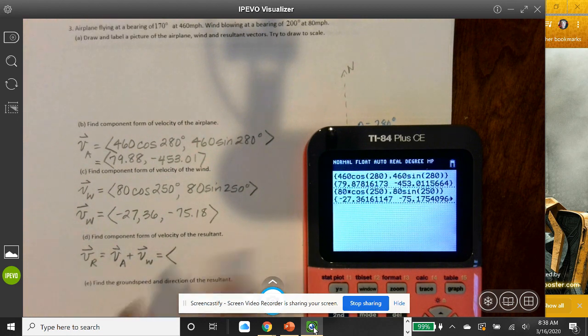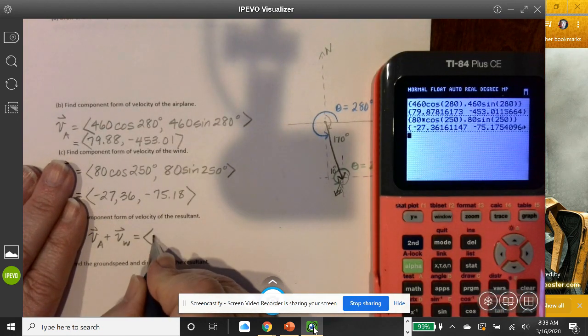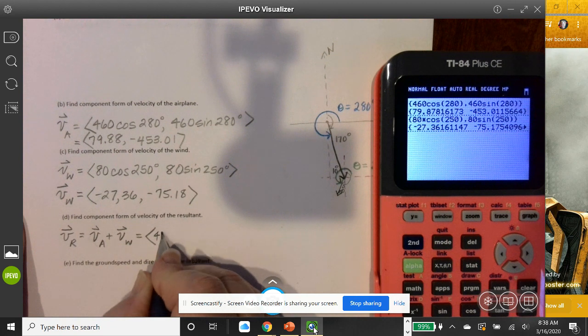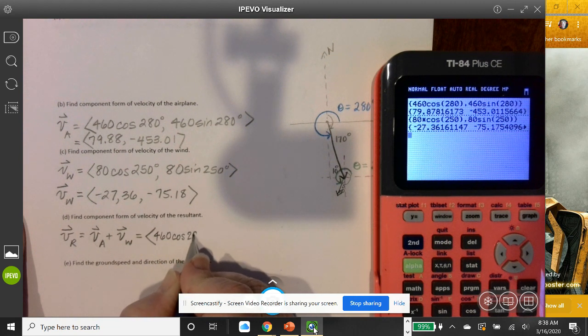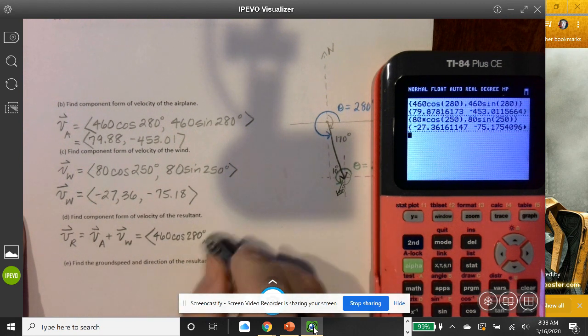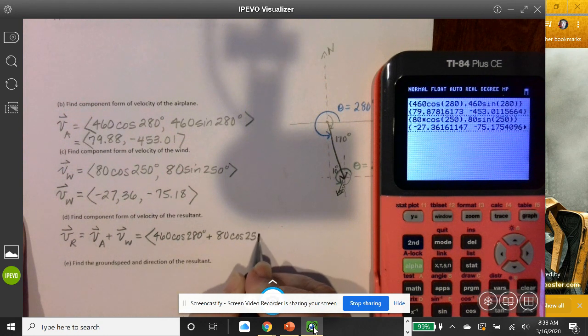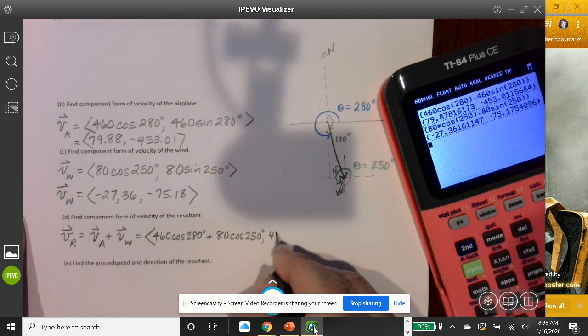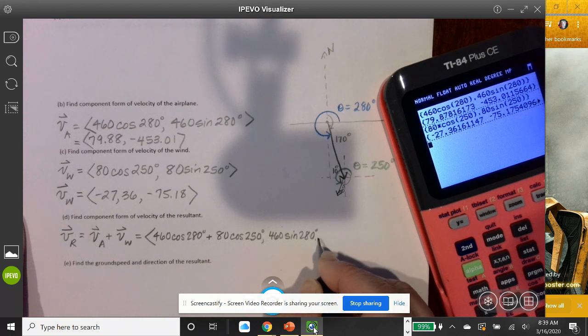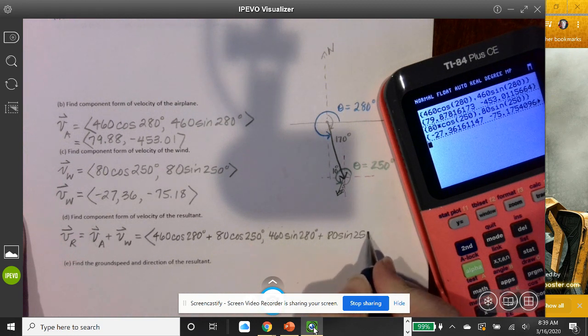When we add those together, this is going to be 460 times the cosine of 280 plus 80 times the cosine of 250, and then 460 times the sine of 280 plus 80 times the sine of 250.